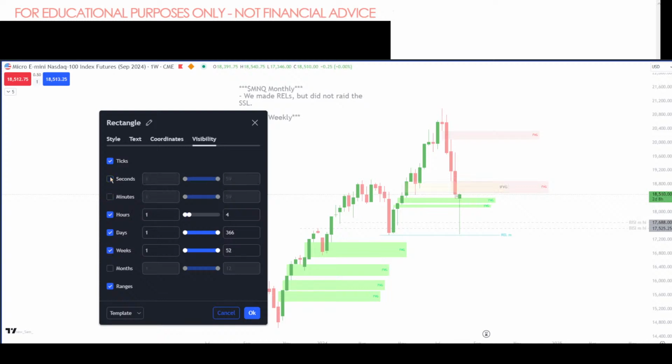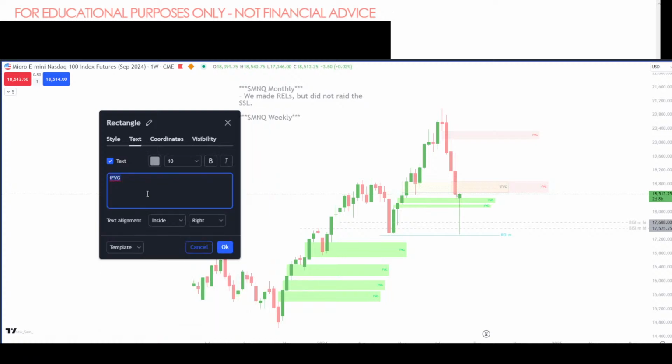I don't think we need it on those lower time frames. I'm not even sure if we need it on the hourly. Let's put on the 4 hour. What is this, weekly? No, we don't need it on the 4 hour either. Okay, so this is a bearish inversion fair value gap on the weekly time frame.